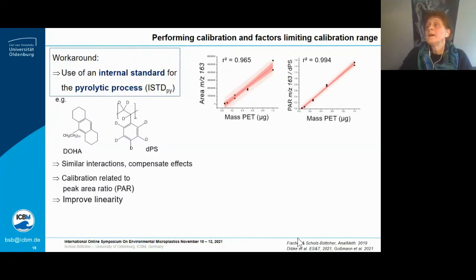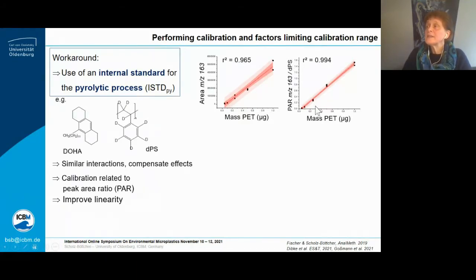deuterated polystyrene. What we hope with this internal standard is a compensation of any interactions, and the assumption that this internal standard interacts with all these surfaces and compounds as our indicator ion itself, to compensate these effects, because now the calibration is not performed as a function of area to mass of the distinct polymer, but as area of the indicator ion versus the internal standard.